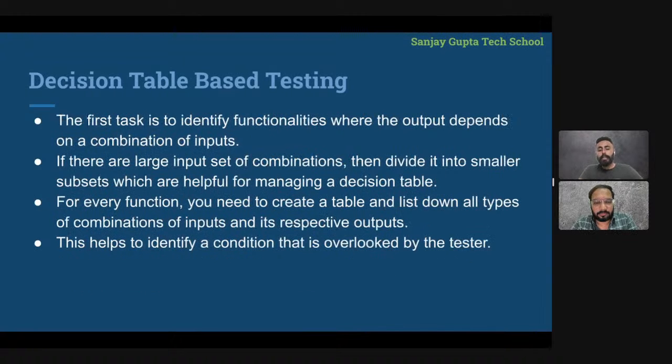So the very first task in this kind of testing is to identify the functionalities where the output is dependent upon the condition of inputs or the combination of inputs. There can be a large number of input combinations, which can be further divided into smaller subsets based on the category. So when we are creating test cases, we categorize them.